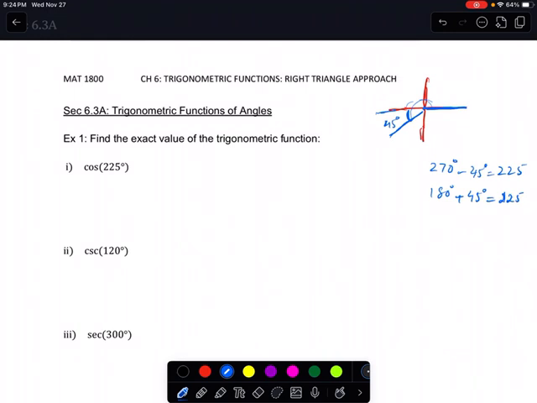The only difference will be that this will have a negative sign with it. So we know that cosine of 45 degrees is square root of 2 over 2. Therefore, cosine of 225 will be equal to negative square root of 2 over 2.